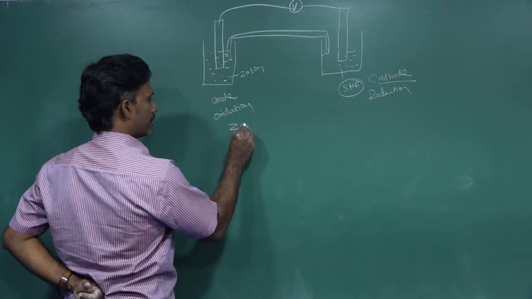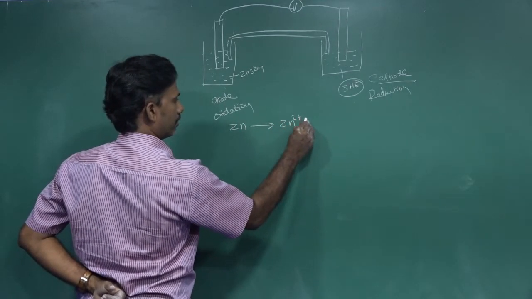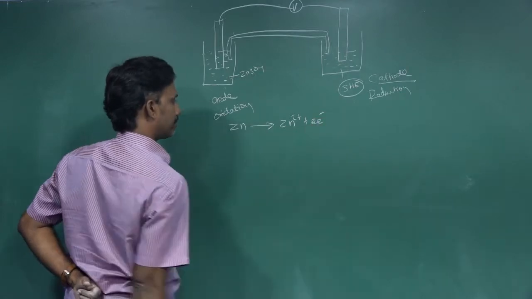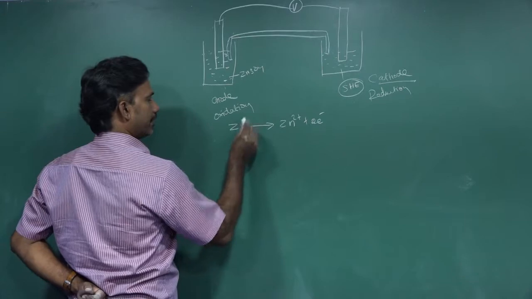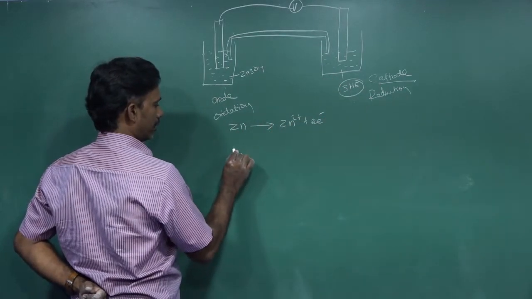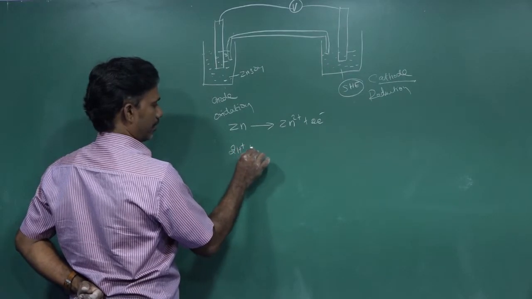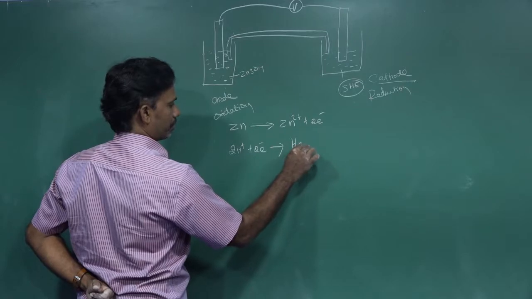Cell reaction: zinc is oxidized, so Zn gives Zn2+ plus 2 electrons, because the anode is oxidation. Then what happened at the cathode? SHE is there. What is the cathodic reaction? 2H+ gains 2 electrons to form H2.